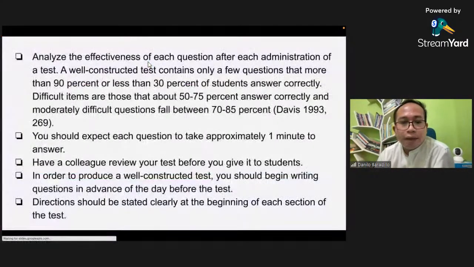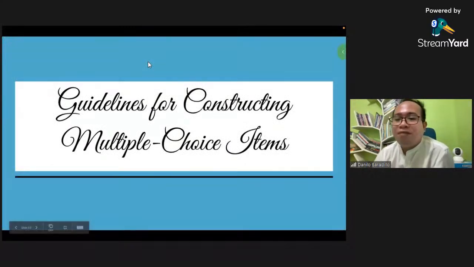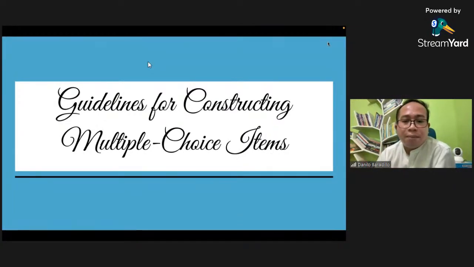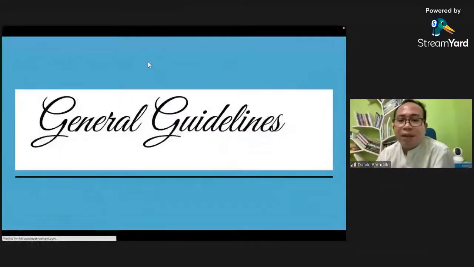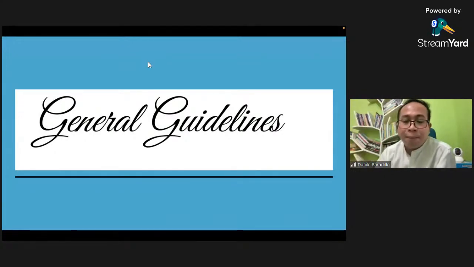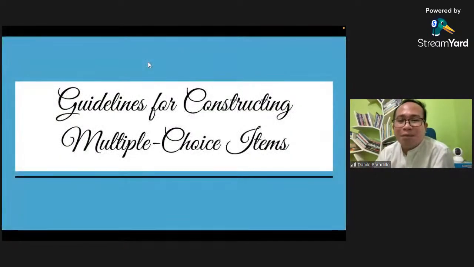Okay, so here are now very specific guidelines in constructing multiple choice questions. A while ago, we were talking about these general guidelines, which are for the entirety. But let's now have very, very specific guidelines.